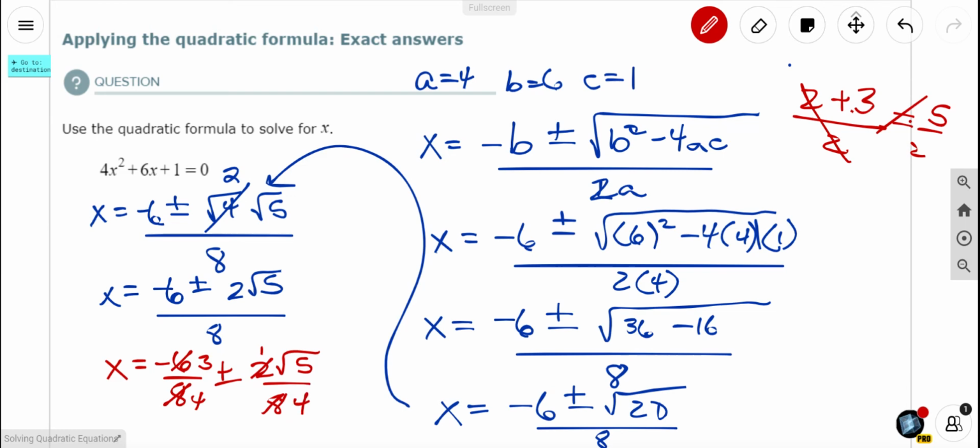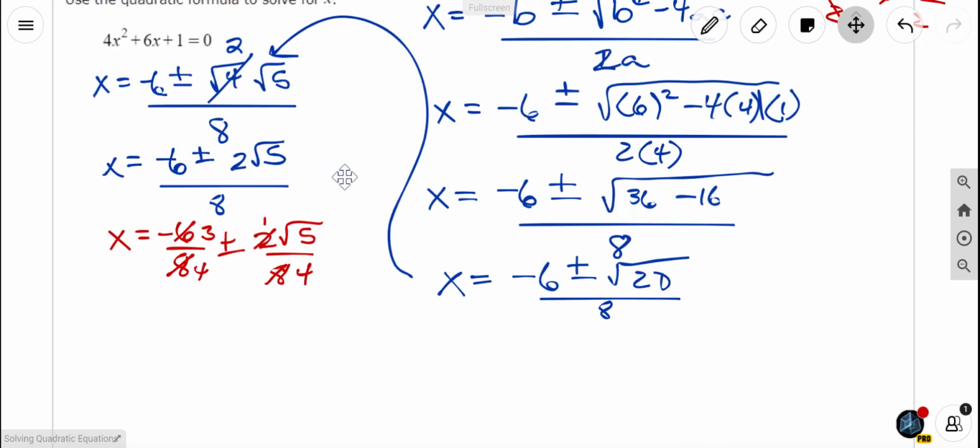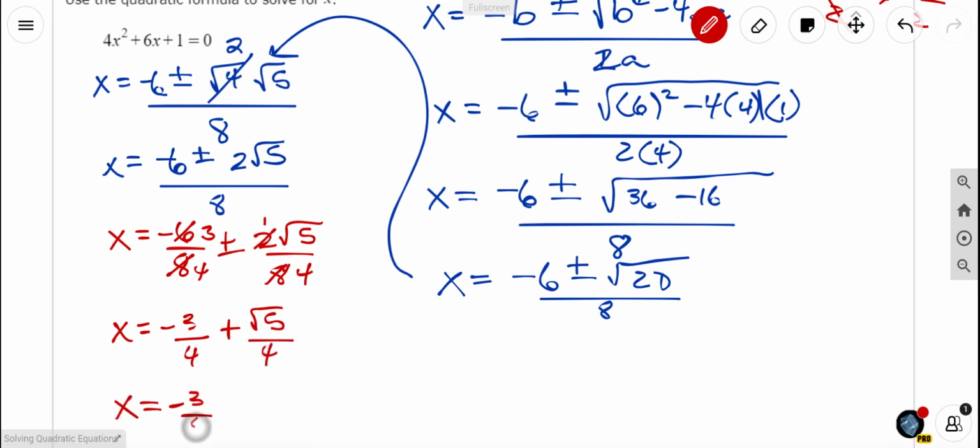So the final answer is x is equal to negative 3/4 plus the square root of 5 over 4, or x is equal to negative 3/4 minus the square root of 5 over 4.